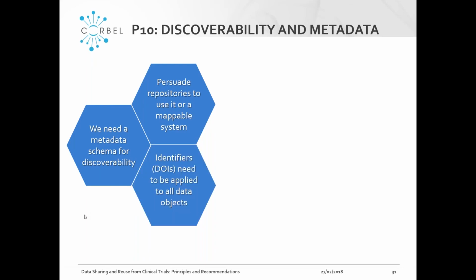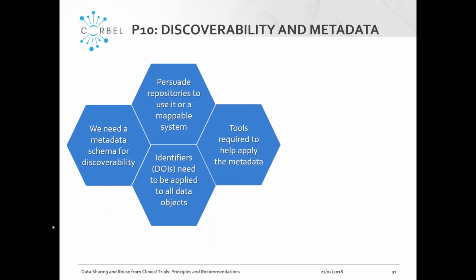We need to make sure that the different data objects, data sets, documents, etc., are citable and identifiable, so they need identifiers. DOIs are the obvious type of identifier to use, so these are traditionally used for public objects. And here we're talking about data objects that might not yet be public, so we need to make sure that the DOI minting process can be extended in that way.